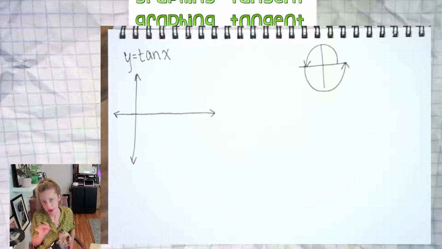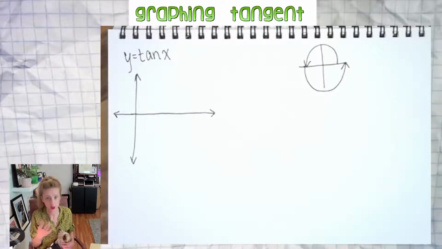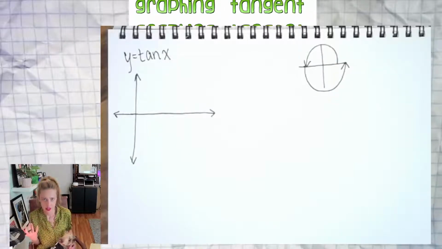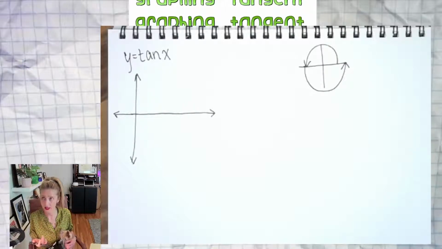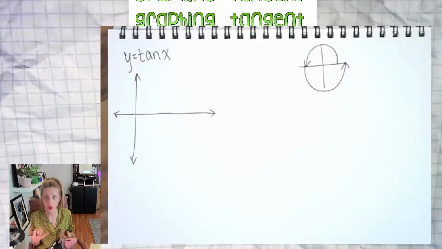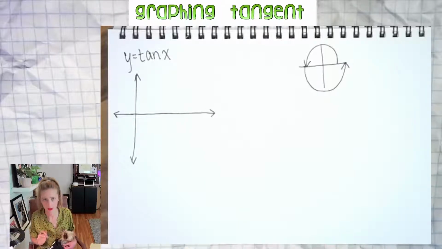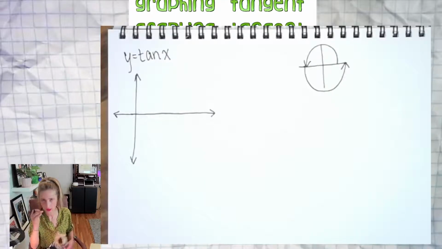When we did cosecant and secant, those were the reciprocal functions, so there was some reciprocal nature there, right? All the interesting stuff for cosecant and secant, since they're the reciprocals of sine and cosine, is going to be 1 and bigger, or -1 and smaller. They're not going to be between 1 and -1.